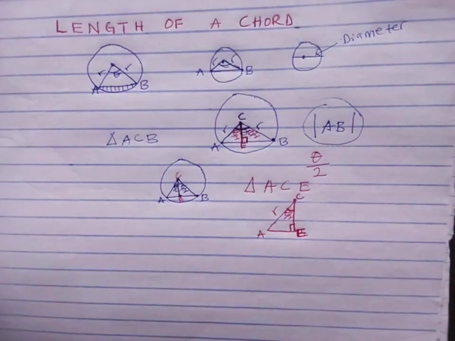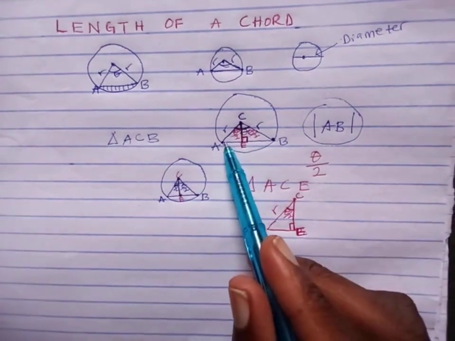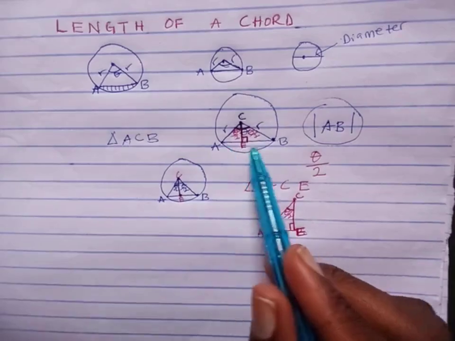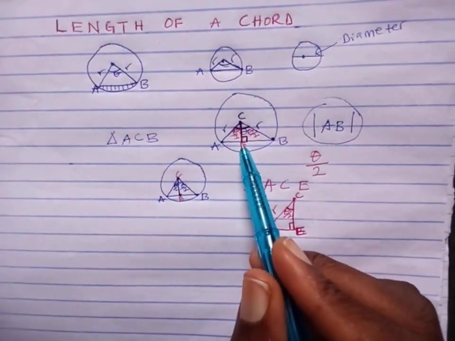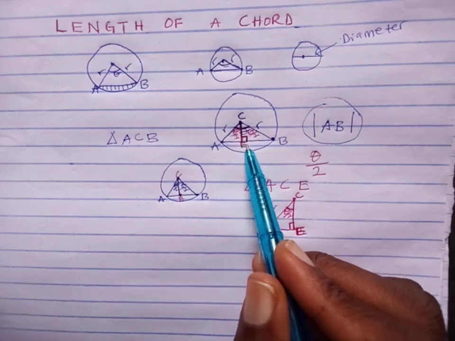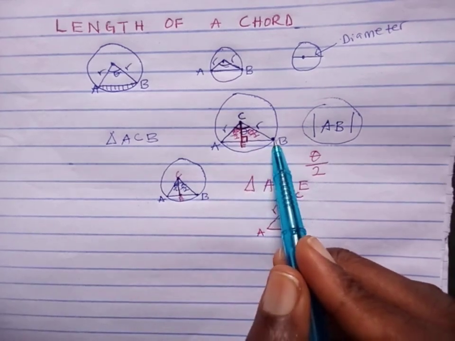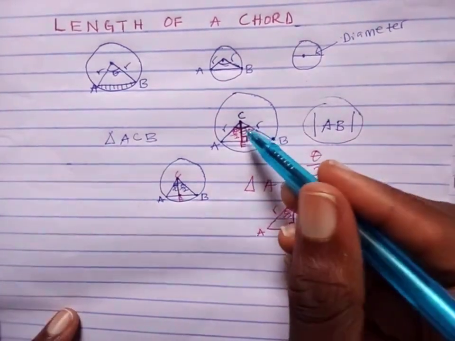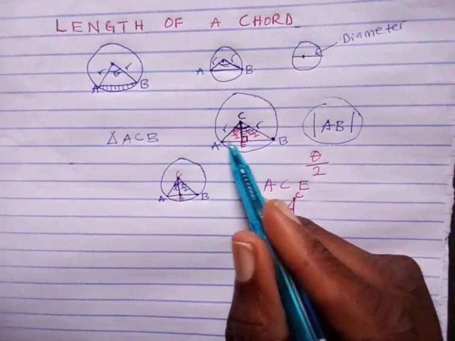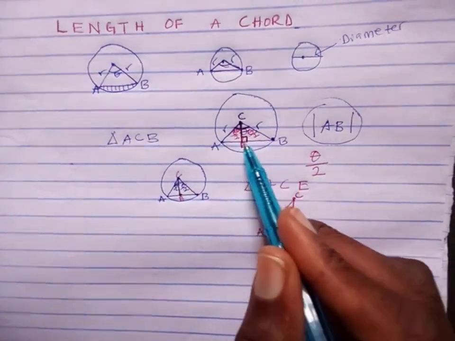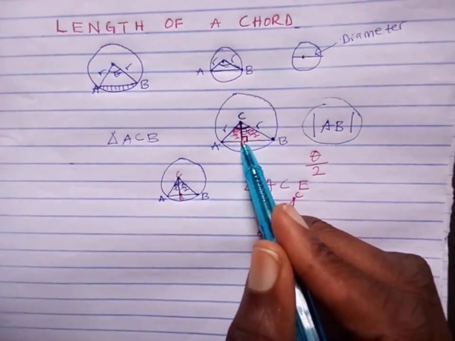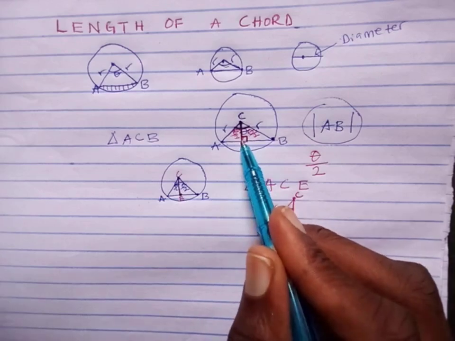Now, remember that we are required to find the length of this chord called AB. That's what we're required to find. Another thing you need to take note of is that AE is going to be equal to EB. What I mean is that because this line is bisecting AB, it is going to divide line AB at equal points.